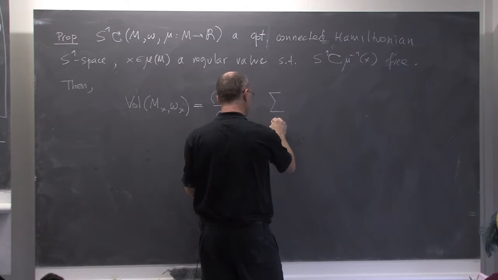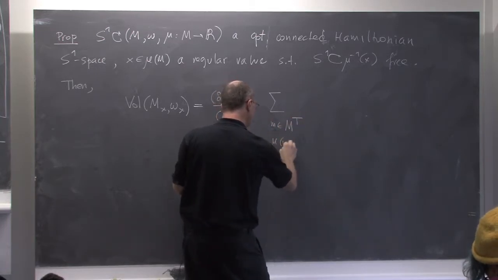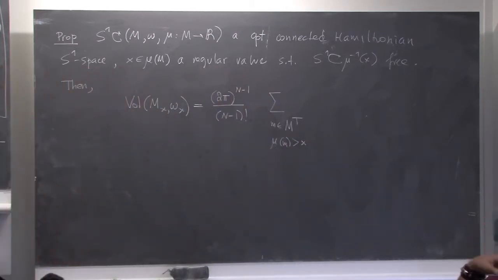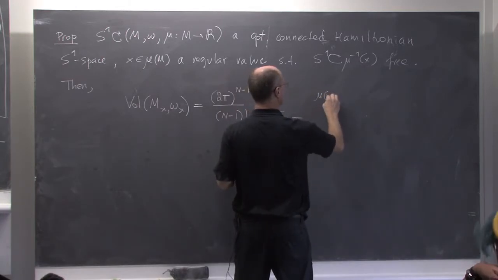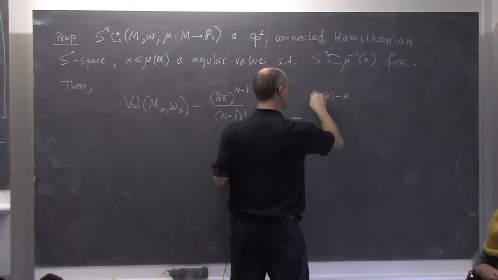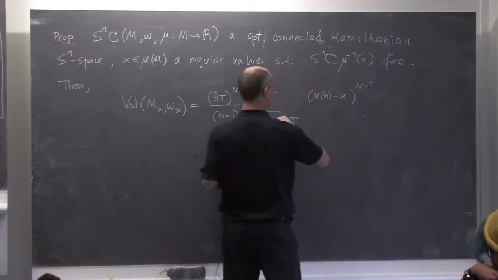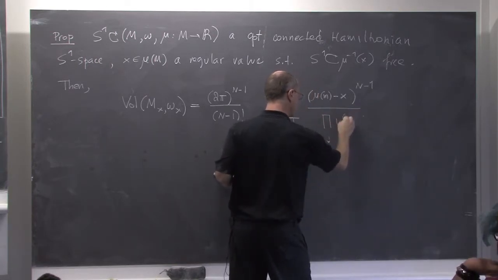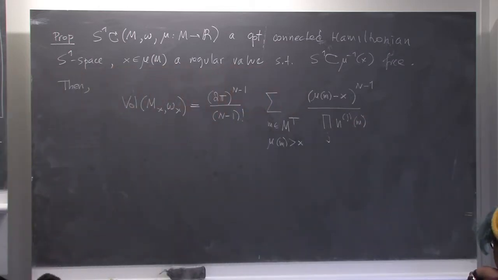And here's the sum over m in M^T such that mu of m is bigger than x. And here mu of m minus x to the power n minus 1, divided by the product of weights.